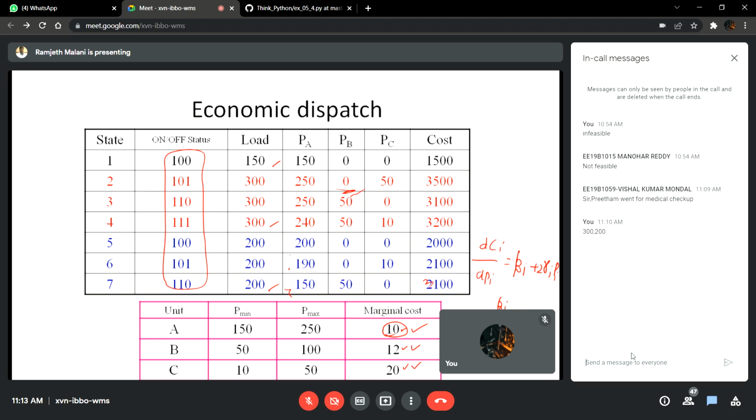Now we have the load as 150. The 150 megawatt can be generated from unit A itself, and the marginal cost is 10. So the cost is 1,500.